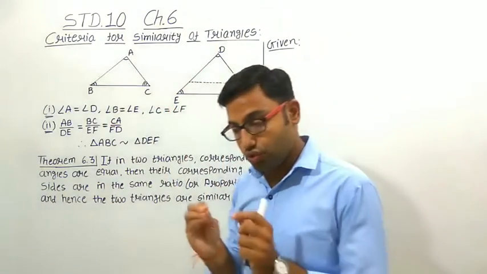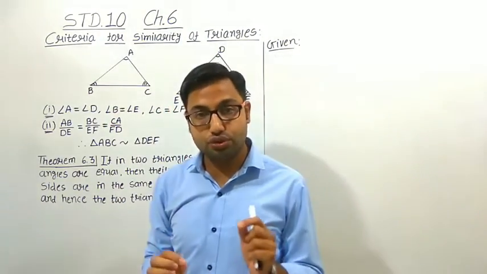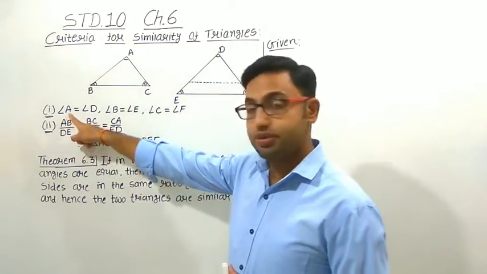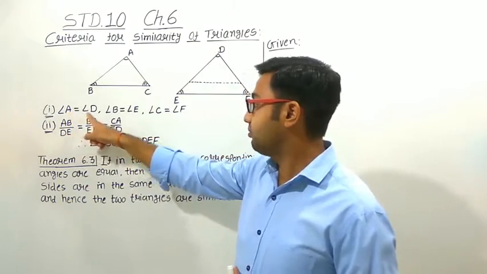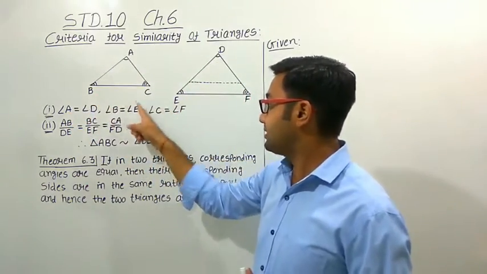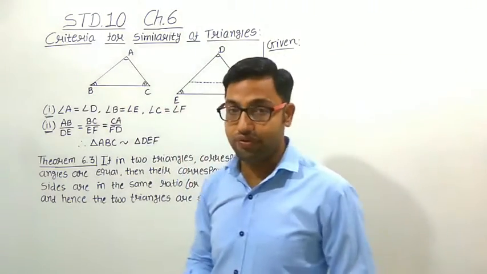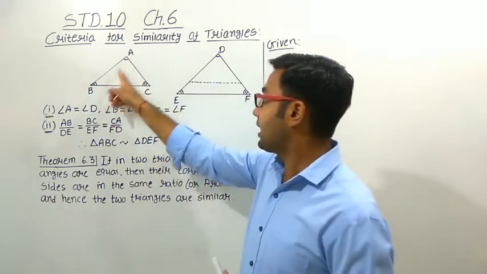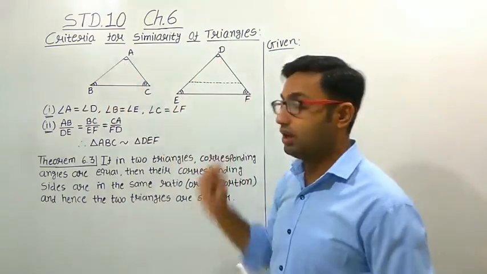For both triangles to be similar, angle A must be equal to angle D, angle B equal to angle E, and angle C equal to angle F. This is the first condition: their corresponding angles must be equal.